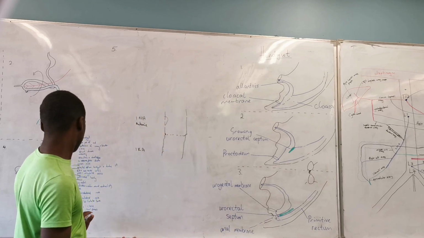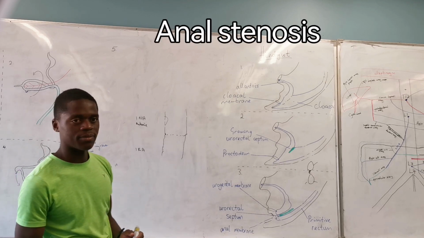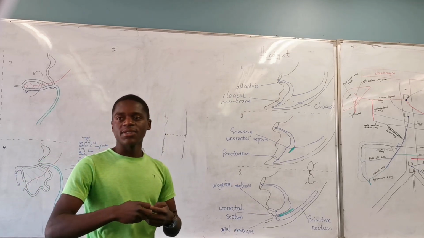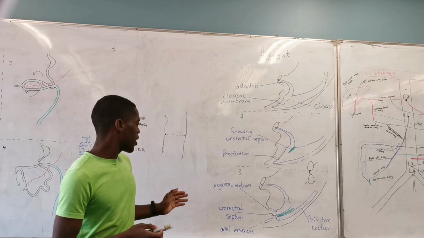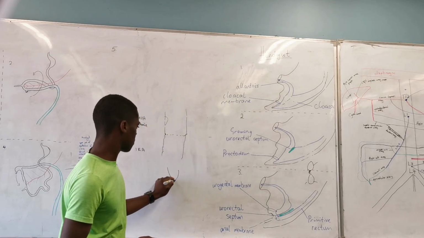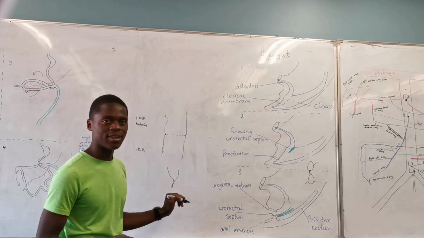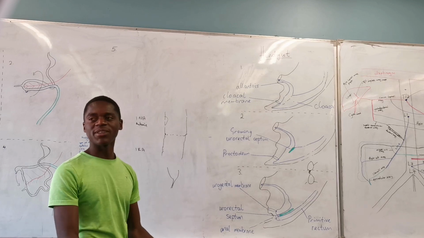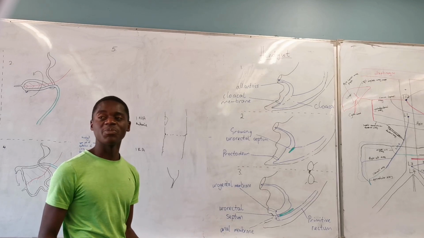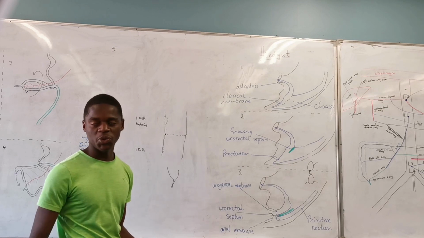We can also have something that we call anal stenosis. In anal stenosis, imagine that this is the anal canal. It's going to have a very, very narrow opening to the outside, and this is going to cause a lot of difficulties, especially when passing out the stool.